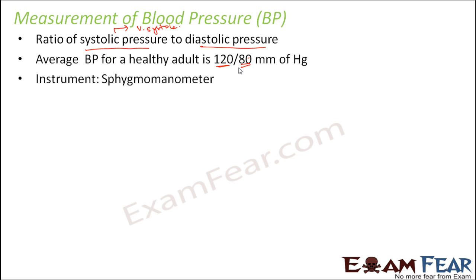Now there is an instrument used for the measurement of blood pressure, known as the sphygmomanometer. You would have seen this if you have ever been to get your blood pressure checked. How do you check blood pressure with this instrument?